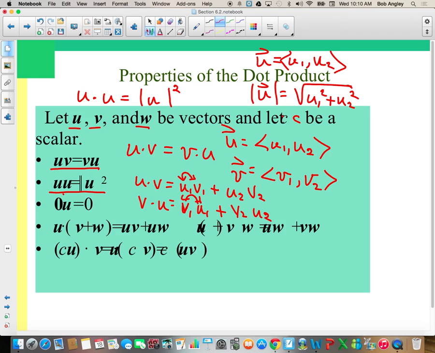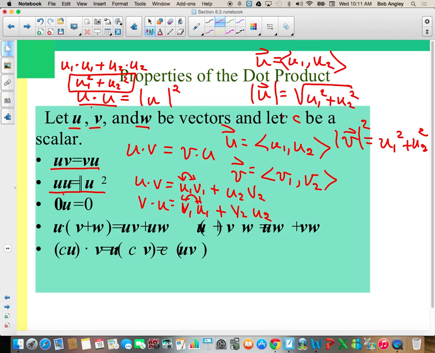Now if I do the length squared, that takes the square root off and gives U sub 1 squared plus U sub 2 squared. If we do the dot product of U with itself, we go U sub 1 times U sub 1 plus U sub 2 times U sub 2, which is U sub 1 squared plus U sub 2 squared, the same as this. That tells you this property is true.